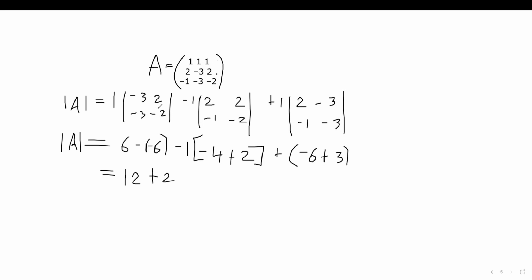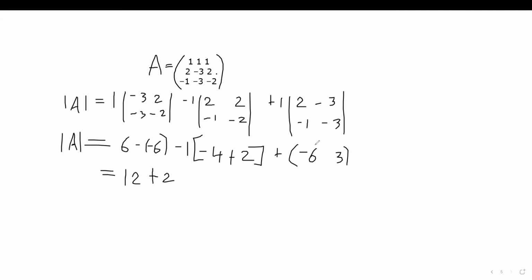The product of these is 6, minus minus 6, that's 12. The product of these is minus 4, plus 2, that's minus 2, and minus 2 times minus 1 is positive 2. Here now, the product of these is minus 6. Oh, it's minus 6 minus 3.